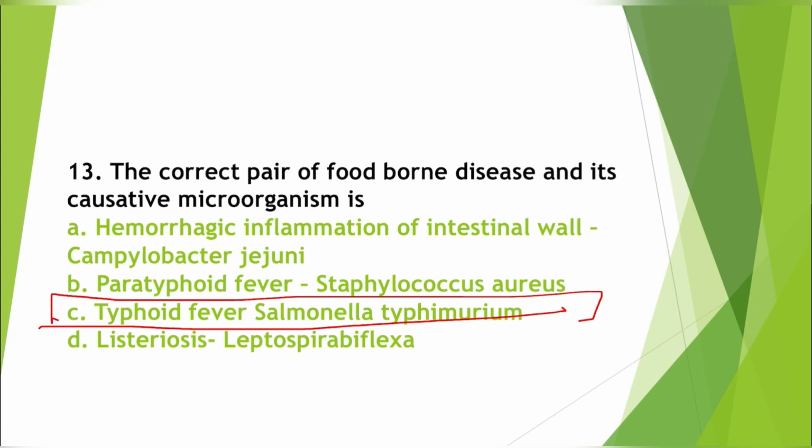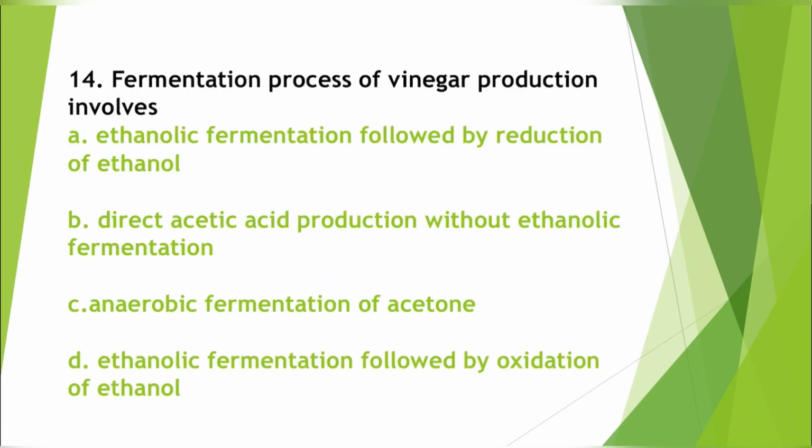Next question. Fermentation process of vinegar production involves, so the options are: ethanolic fermentation followed by reduction of ethanol, direct acetic acid production without ethanolic fermentation, anaerobic fermentation of acetone, or ethanolic fermentation followed by oxidation of ethanol.